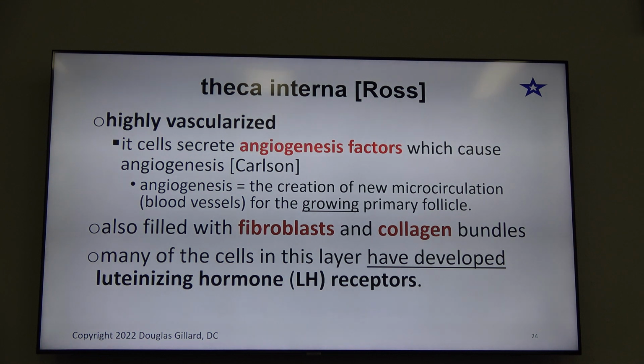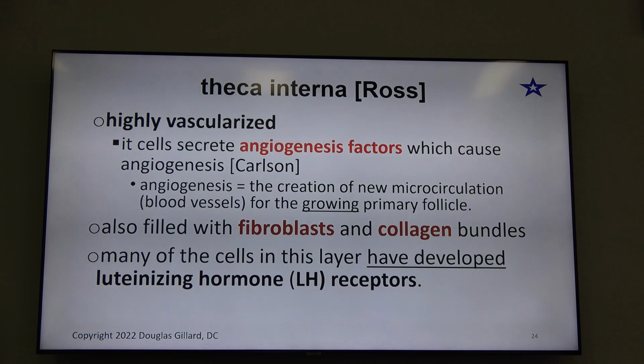So this one is highly vascular. It has a lot of blood vessels in it, which will be important later on. By the way, the term angiogenesis means blood vessel formation. I used to go through how that happens, but I think that's too deep. I think we'll just say angiogenesis in this inner layer is very active, and it has quite a developed little blood vessel system.